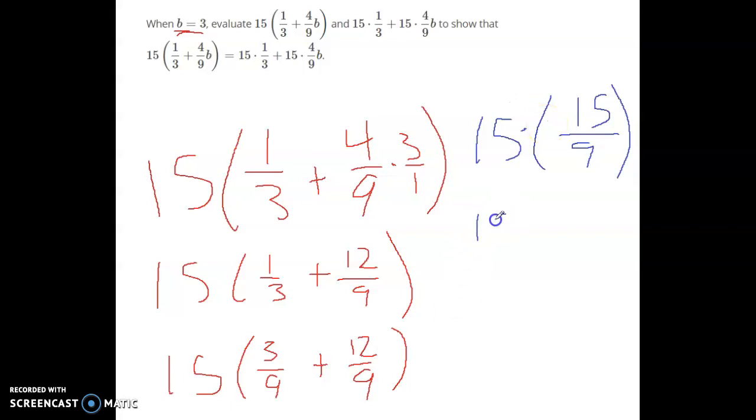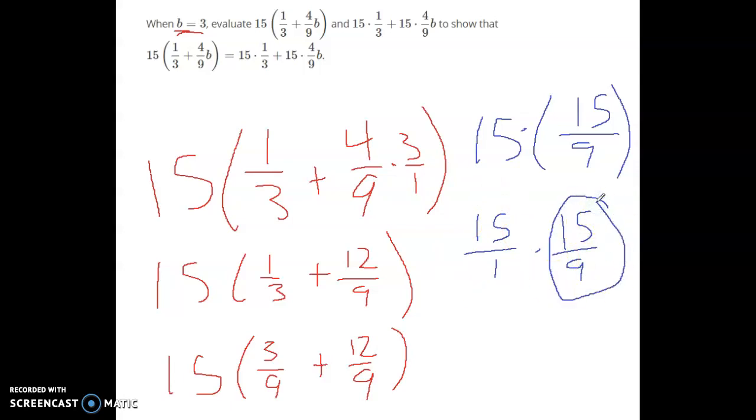Now I could go straight away and do 15 times 15 and on bottom 9 times 9. I'm going to choose to do a little reducing ahead of time before I do the multiplication, rather than reduce afterwards. So this fraction, 15 over 1, doesn't reduce, but this one will.